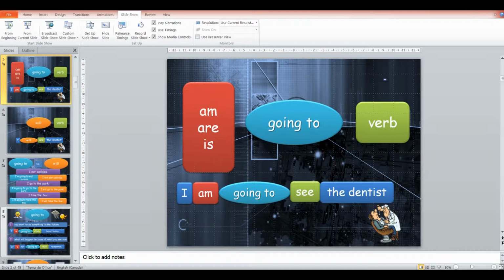The thing that we really point out with going to that they really need to remember is that the verb to be has to change to reflect the subject, and that it's always going to, because sometimes they drop the to and would say I'm going see the dentist.